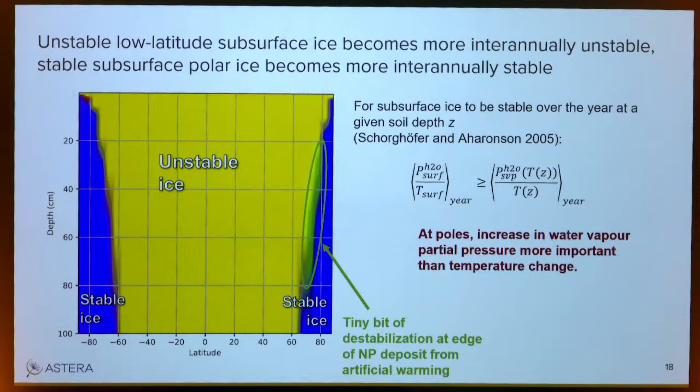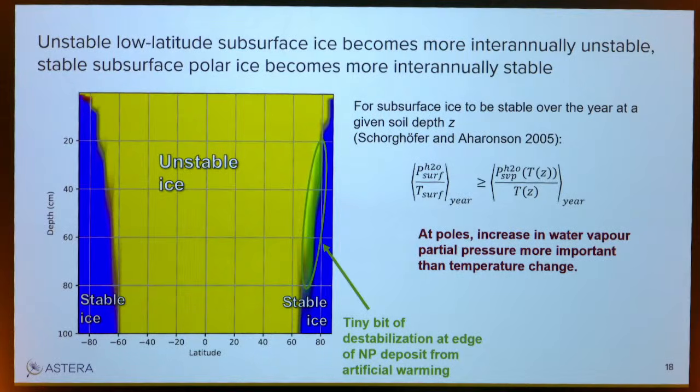On an interannual scale, we find that the subsurface regions where subsurface ice was shallow and primarily unstable actually become more unstable, because these are the regions where you get more warming.